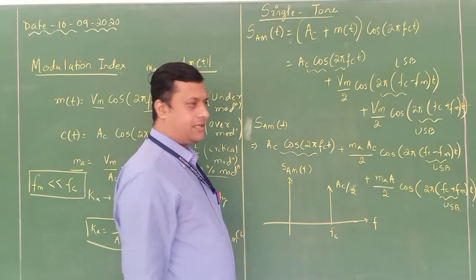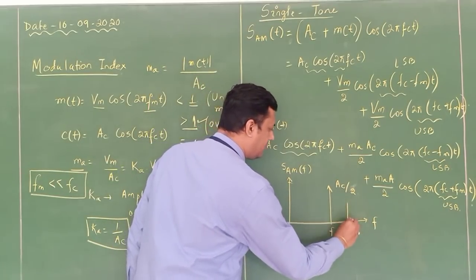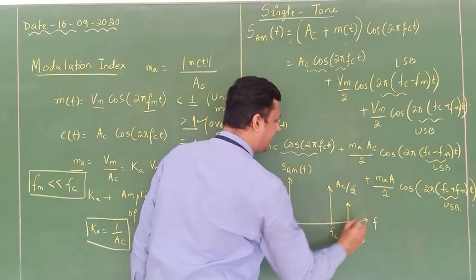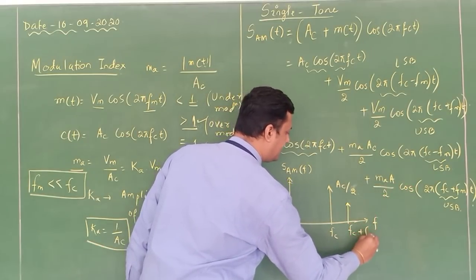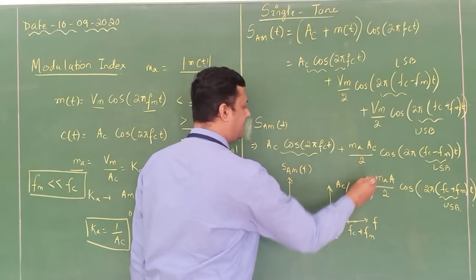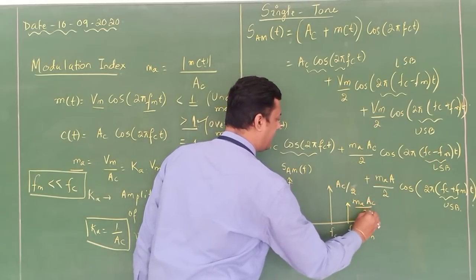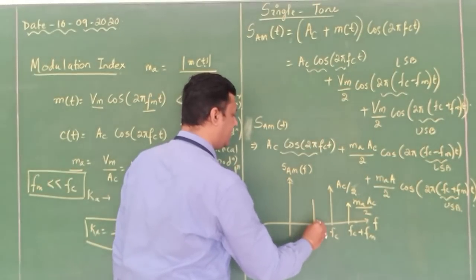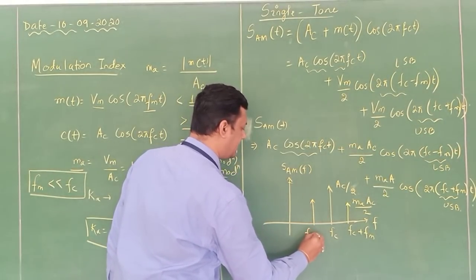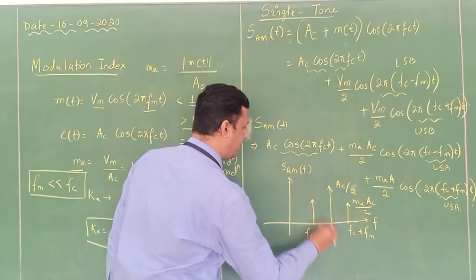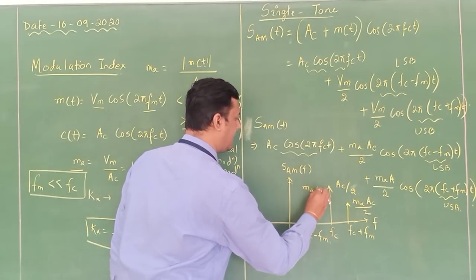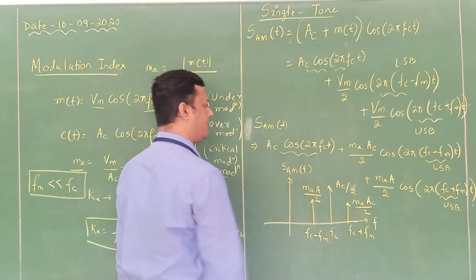So this is Fc. Next, to represent the upper sideband, that is Fc plus Fm, the amplitude is Ma into Ac divided by 2. Similarly, the lower sideband is at Fc minus Fm, and the amplitude is Ma into Ac divided by 2.